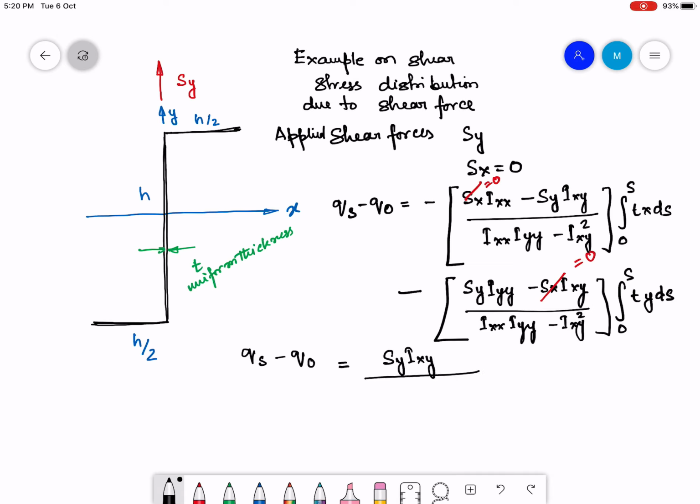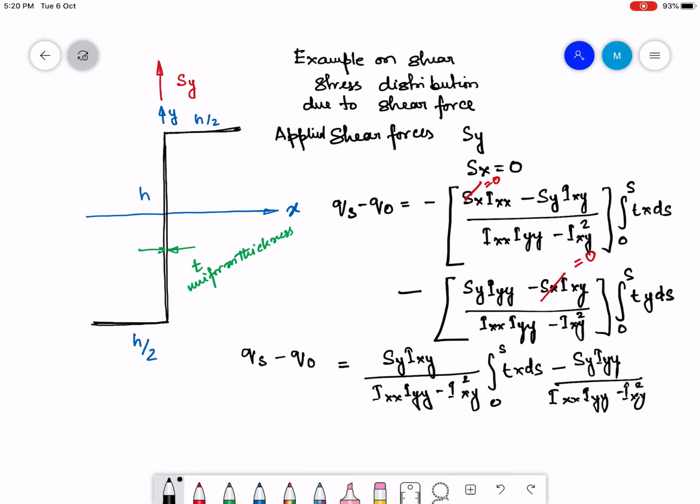Ixy. So for this particular problem, I get this expression for Qs minus Q0.